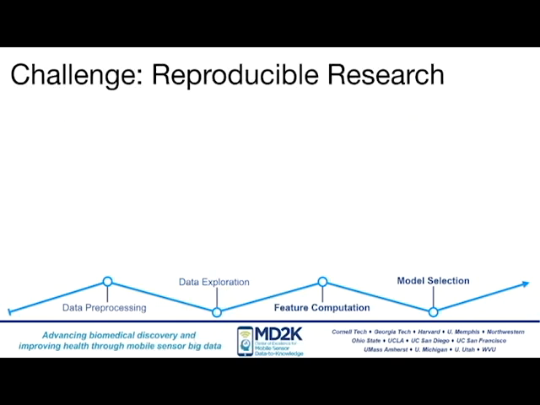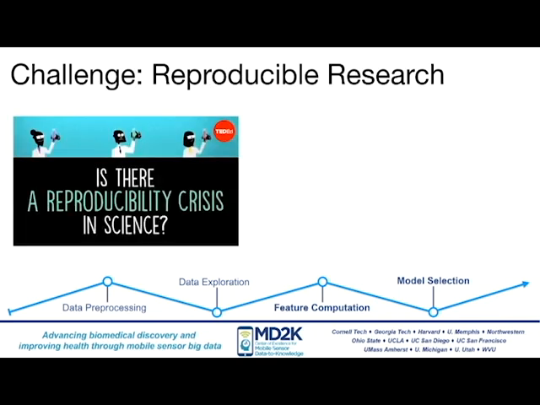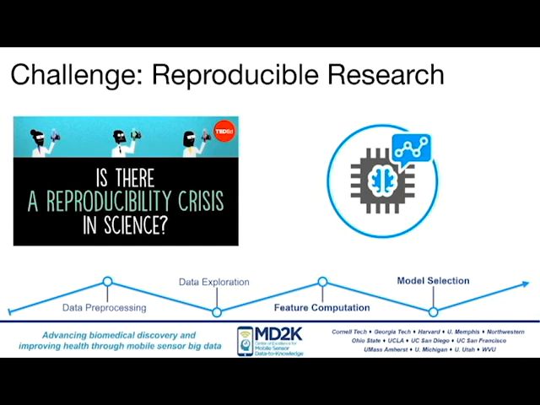The final challenge I want to highlight here is reproducible research. Science is a lot about reproducibility, and reviewers are always asking how you compare your work with other work. In this world, most of the time machine learning models are not closed form. They're very hard to reproduce just from the information in publications.